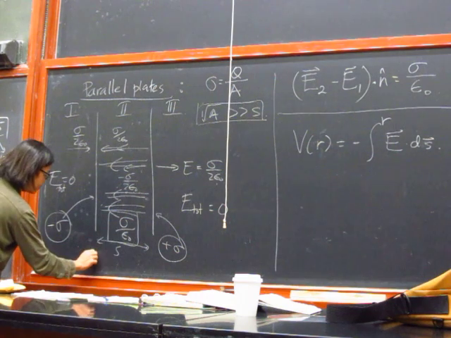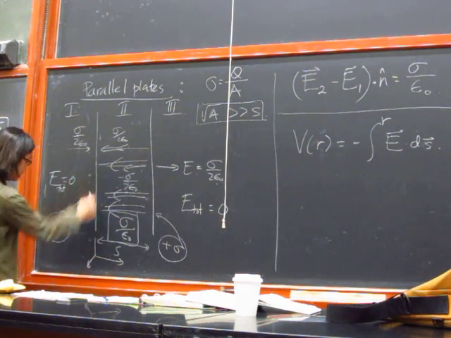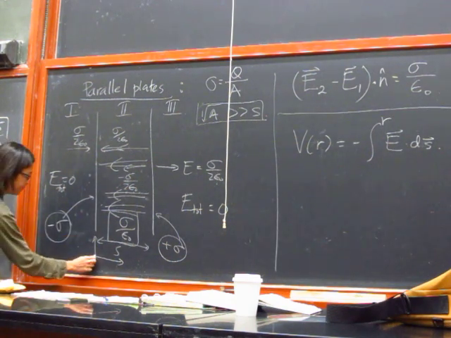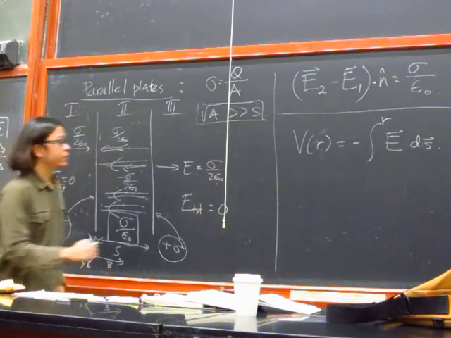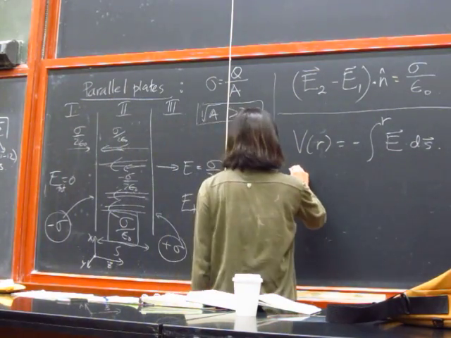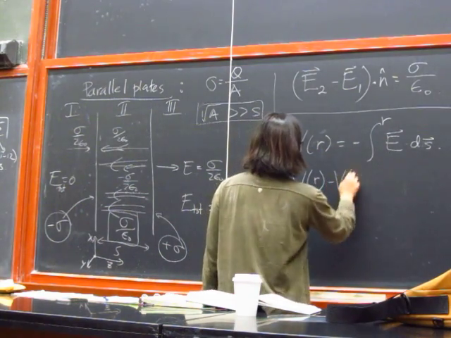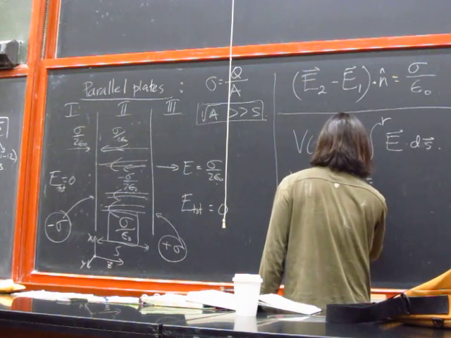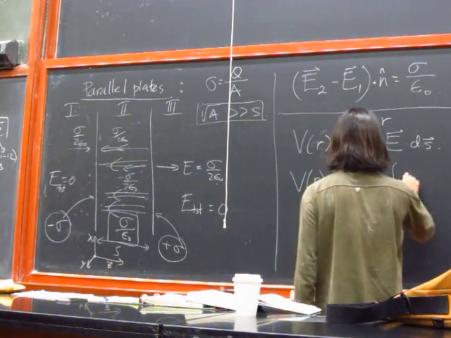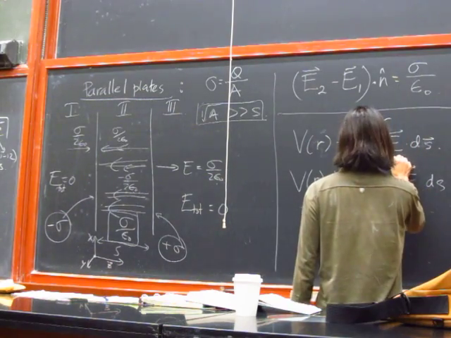I'm going to choose my reference so that my origin, the coordinate, is at the left slab here. I'm going to take the potential at x minus the potential at 0, with the potential at 0 equal to 0, to be equal to minus the integral of E from 0 to x.